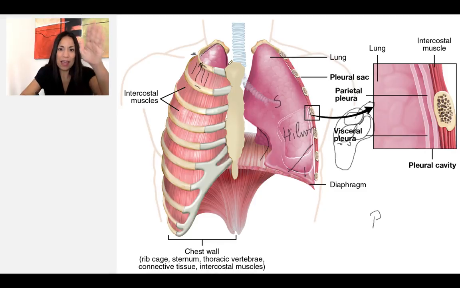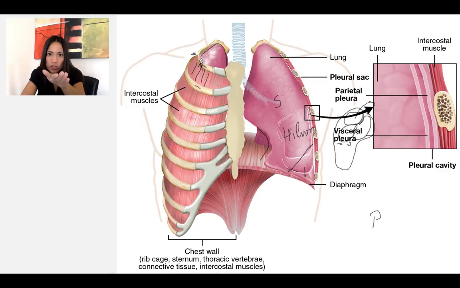Now follow me: it is lining the internal aspect of the thoracic wall. So the internal aspect of the ribs, the internal aspect of this set of muscles, all of that wall is lined by the parietal pleura, or the parietal layer.